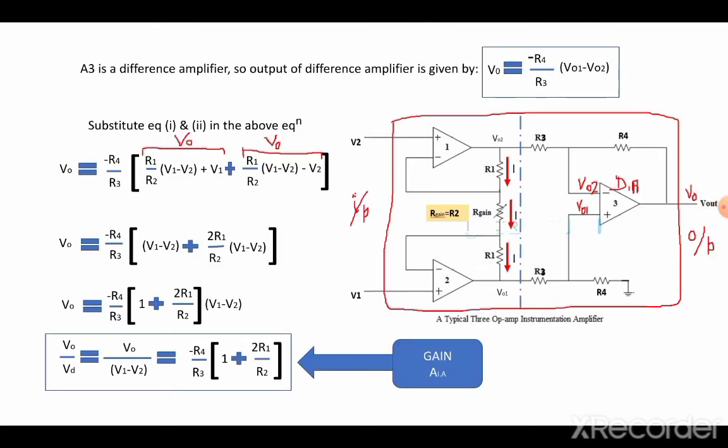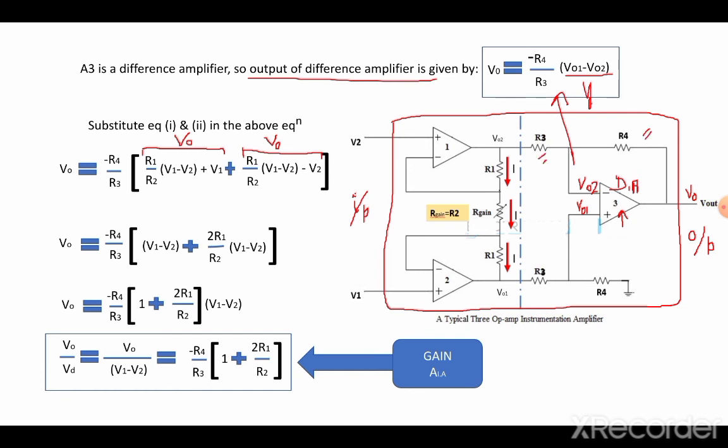Here we will talk about the output equation of the differential amplifier. The output of the differential amplifier, that is A3, will be given as shown in this block. V0 is equal to minus R4 over R3 times the difference in the input voltages, Vd. R4 is the feedback resistance and R3 is the input resistance.